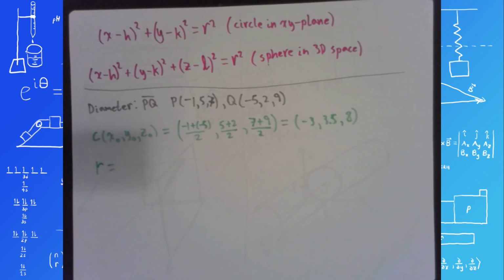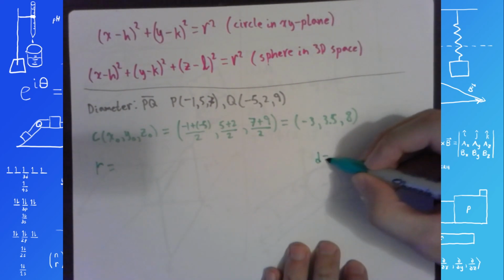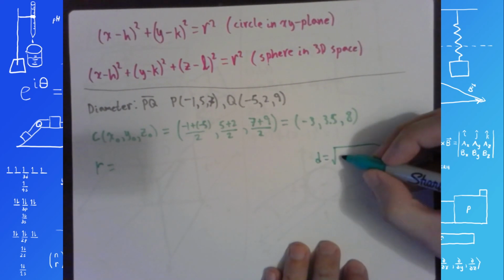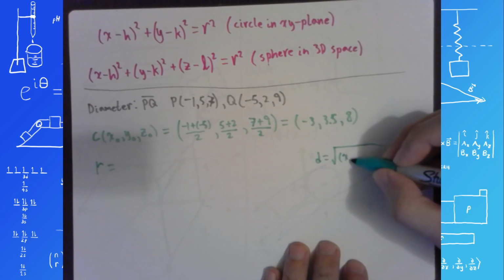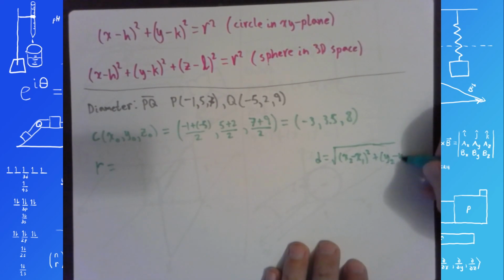It doesn't matter which one we choose. And then what was the distance formula? In 2D, it was basically the Pythagorean theorem. Distance equals the square root of x2 minus x1 squared plus y2 minus y1 squared.